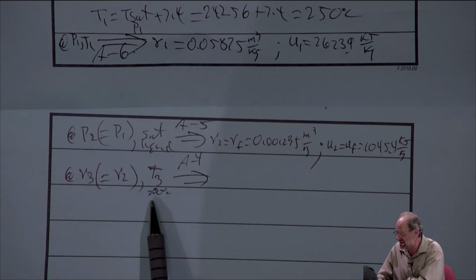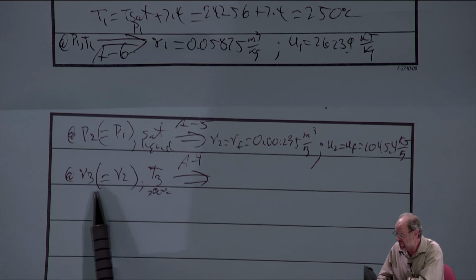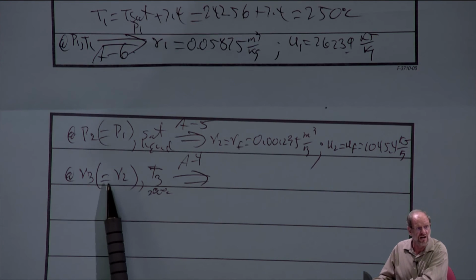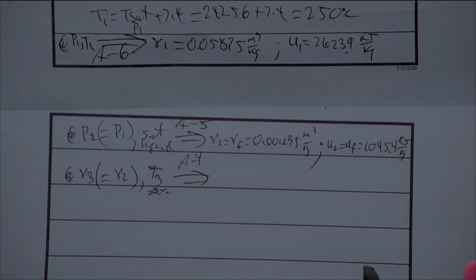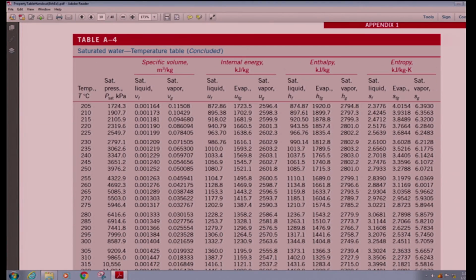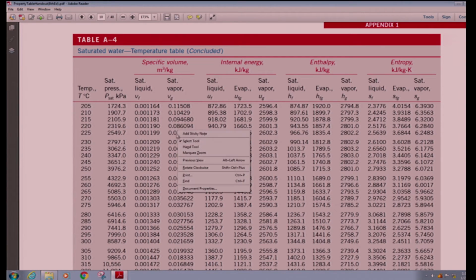Nonetheless, what we would find is that at 200 degrees Celsius, my specific volume is greater than VF and less than VG. We can see that if we go back up to the table. I'm going to have to go up to the table anyway to get my numbers. So here's A4. My temperature is, whoops, I need the other page.